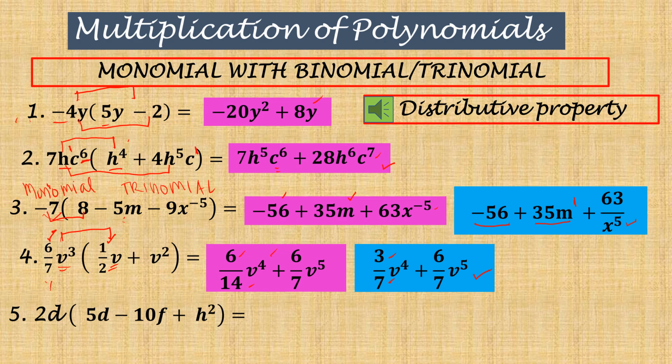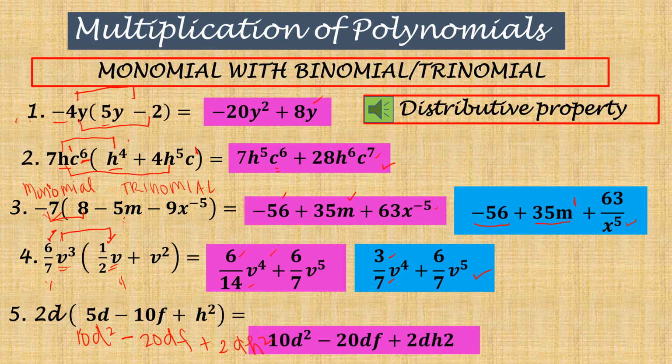Well, number 5, we have 2d times the trinomial here. So the 2d times 5d will give you a 10d squared. And then 2d times 10f will give you a negative 20df plus 2dh squared.